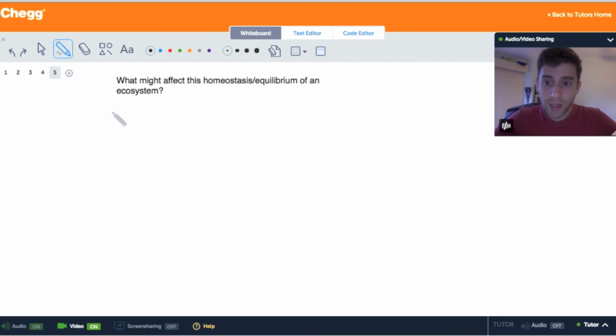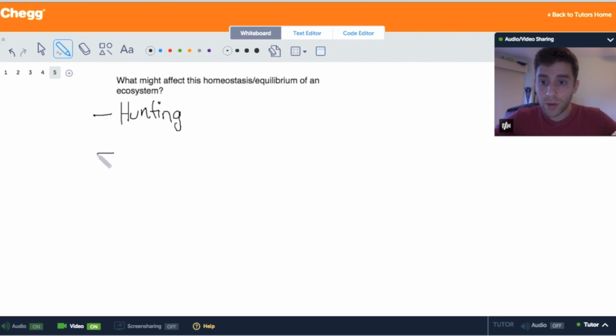So something like hunting could destroy an ecosystem because it causes an imbalance of that homeostasis. So if you overhunt apex predators, then the secondary consumers become way too overpopulated because the apex predators are not there to hunt them anymore. And then this overpopulation of secondary consumers leads to a whole imbalance in the ecosystem.